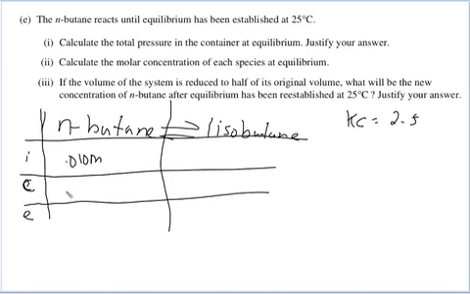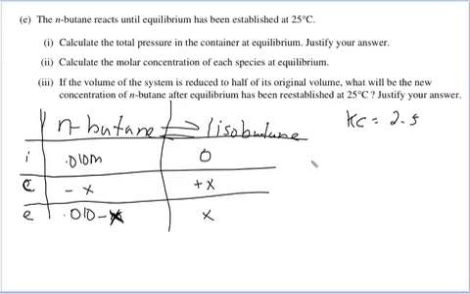It's going to change by minus x, which we don't know yet, so at equilibrium we're going to have 0.010 minus x. Initially the isobutane is 0. Because it's a 1-to-1 mole ratio, if this goes down by x, this goes up by plus x, so at equilibrium we have x.